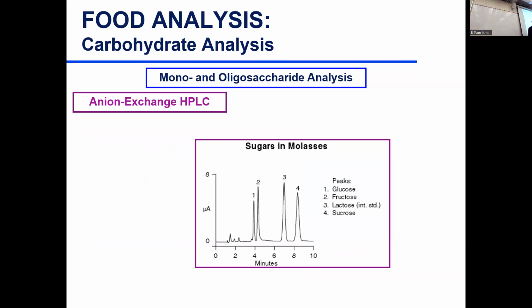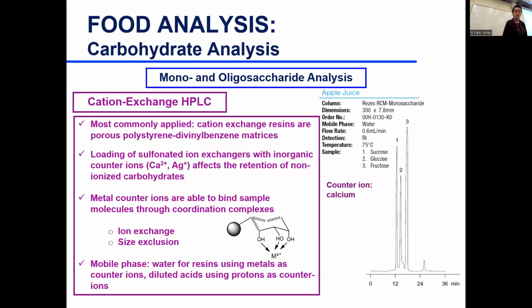So depending on the OH groups, you have different order of elution based on their interaction with the column. With cation, you cannot make your sugars be positively charged. You can make them negatively charged, but you cannot make them positively charged.